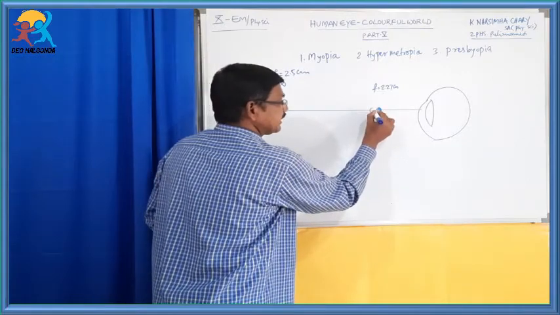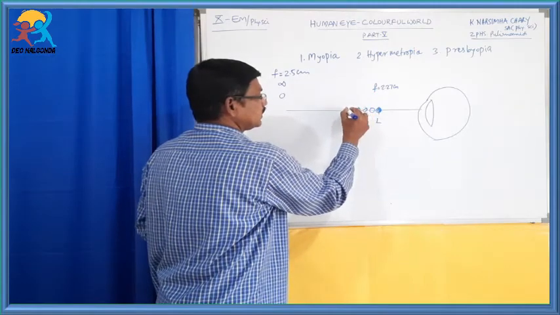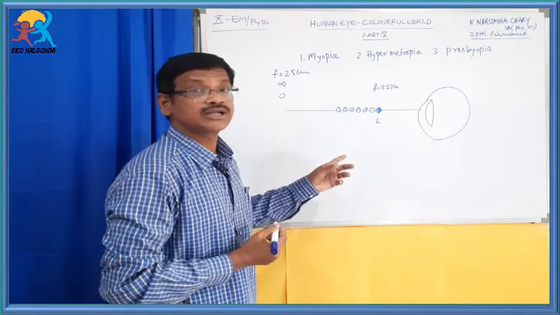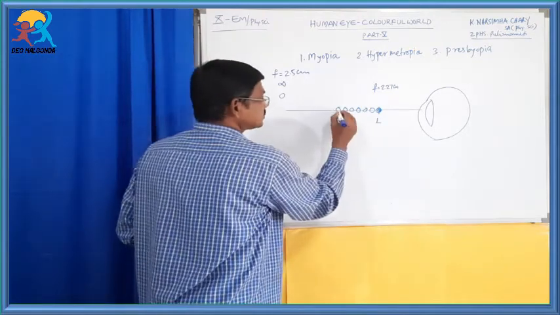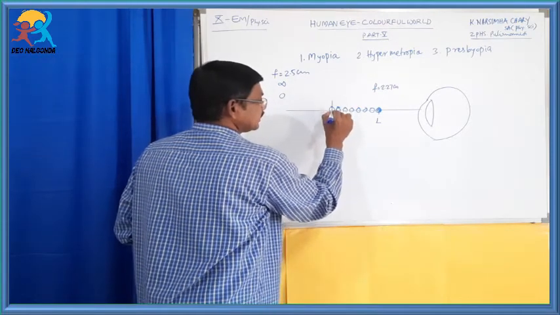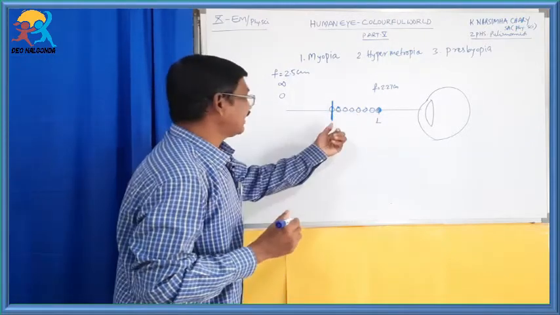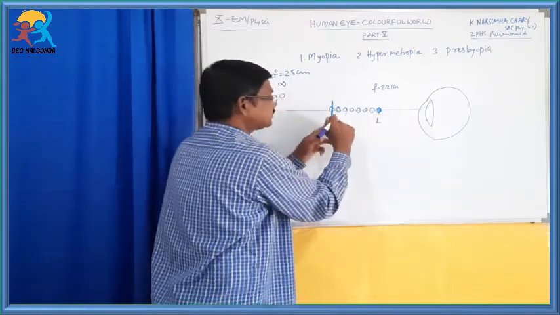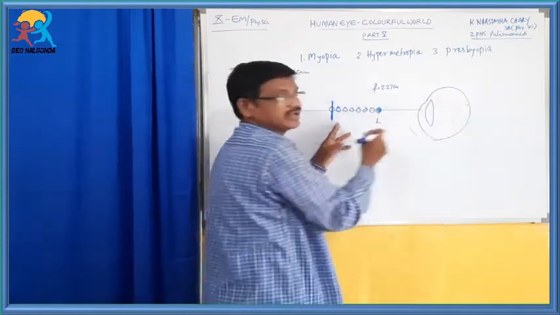and object is at this point, and object goes forward to a certain extent. Image of the object is clearly formed on the retina, and at certain stage, after this, the object is appear to the eye, and at this stage, when object kept at this stage, the image of the object is not formed on the retina.